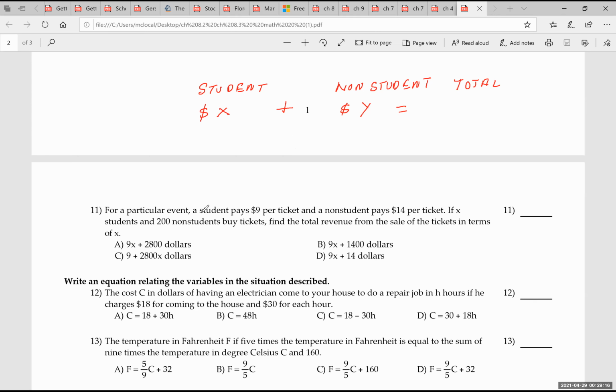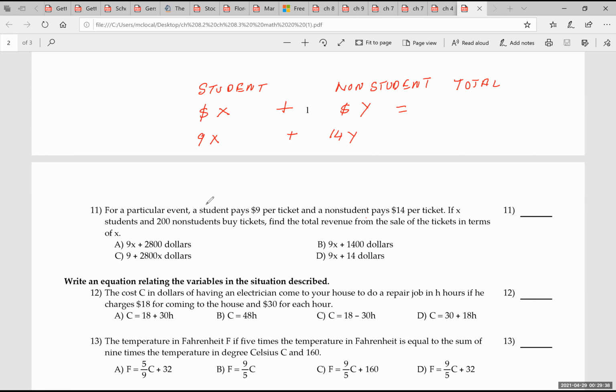So for a particular event, a student pays $9 per ticket, and the non-student pays $14 per ticket.